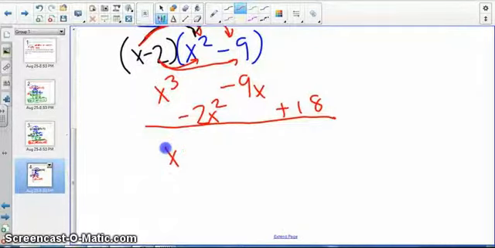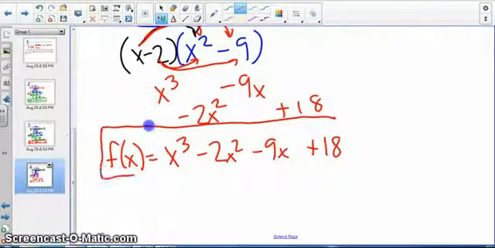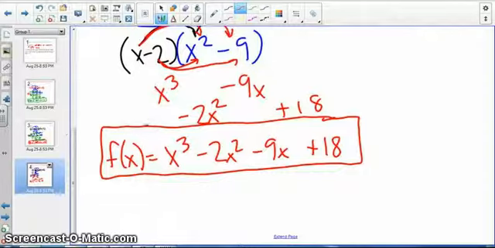So I'd have x to the third minus 2x squared minus 9x plus 18. And that is a function, so I'd write f of x equals. There is my polynomial. We've worked backwards. We've taken it from our solutions, or our zeros, put them as binomial factors, and then multiplied them out to put them in standard form.